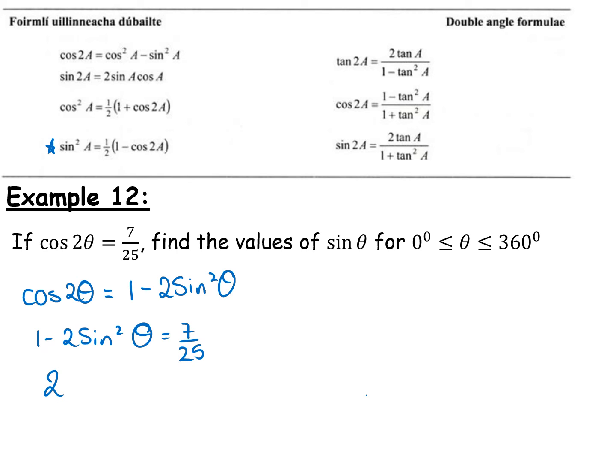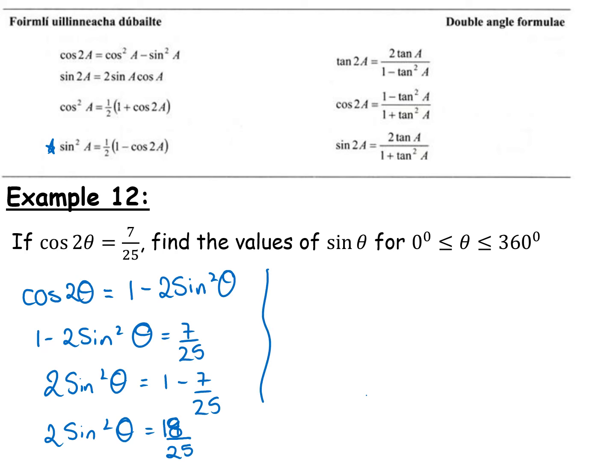So rearranging this, we get 2 sine squared theta is 1 minus 7 over 25, and that gives us 2 sine squared theta is equal to 18 over 25. Now we're going to divide by 2 and we get sine squared theta is equal to 9 over 25. That gives us sine of theta is equal to the square root of 9 over the square root of 25, or just the square root of the whole thing.